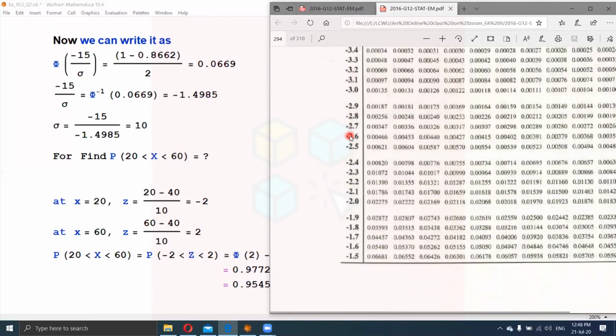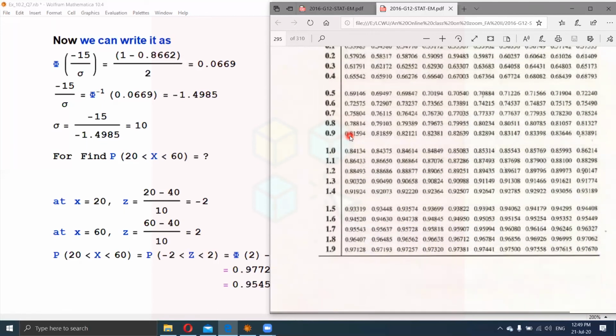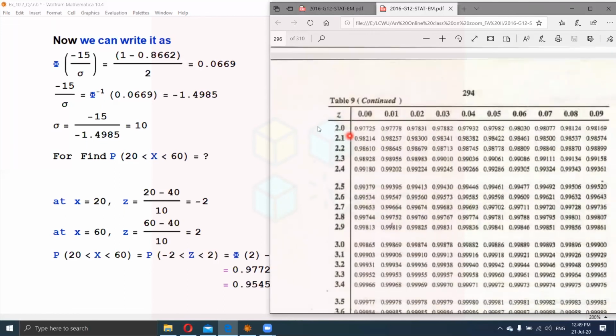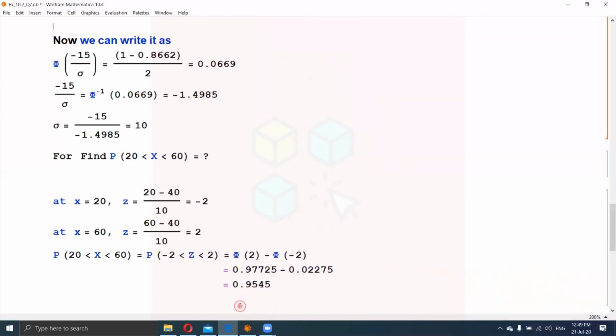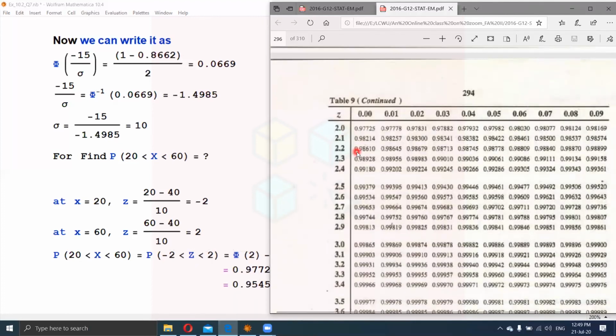Coming down on the next page, and on the third page, 2 is at the top of the table. Its value is 0.97725. So we will write it here, 0.97725, and phi of minus 2 is also searched in the same table, and its value is here.